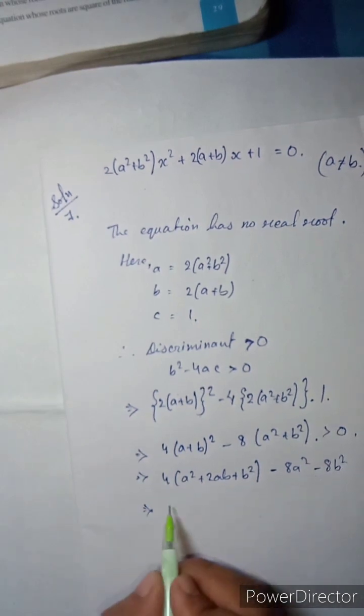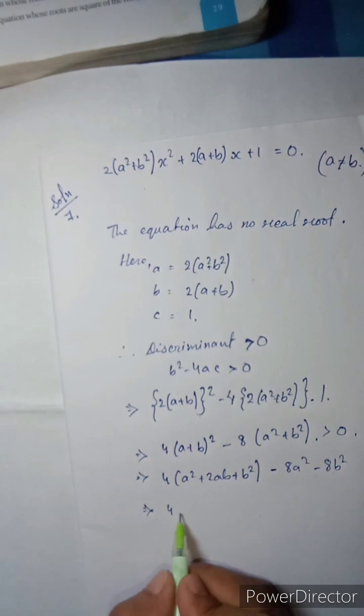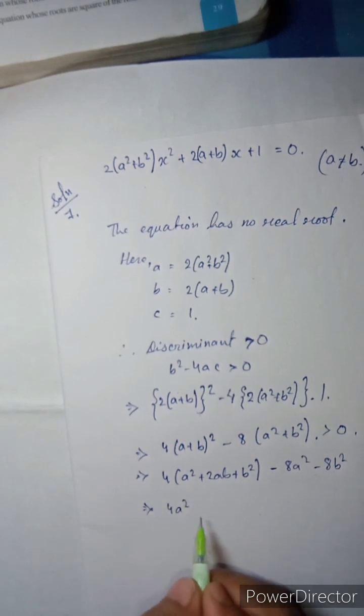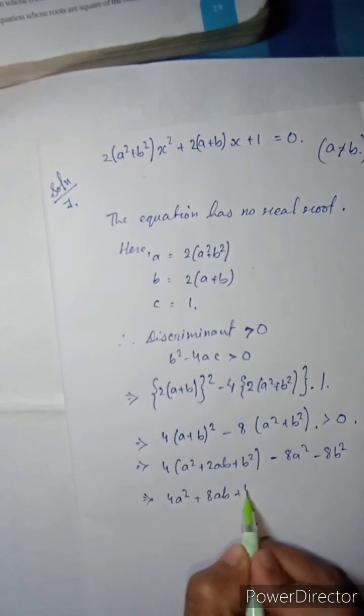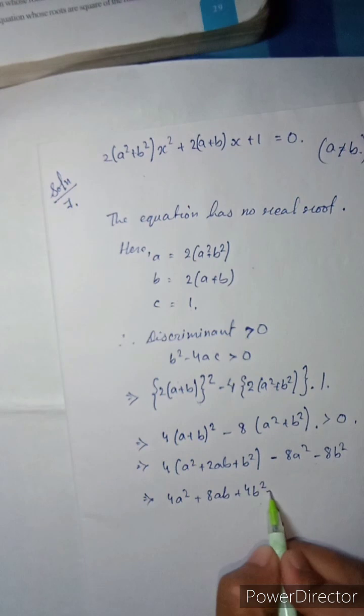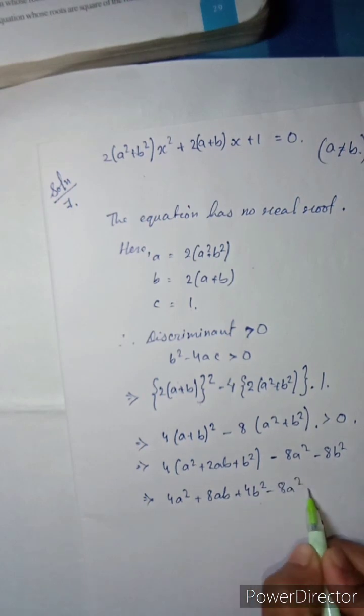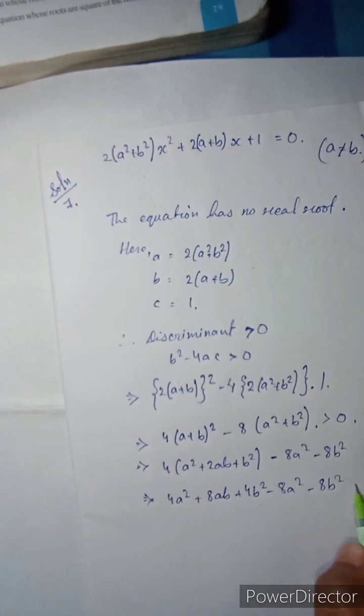So this will be 4a square plus 8ab plus 4b square, minus 8a square minus 8b square.